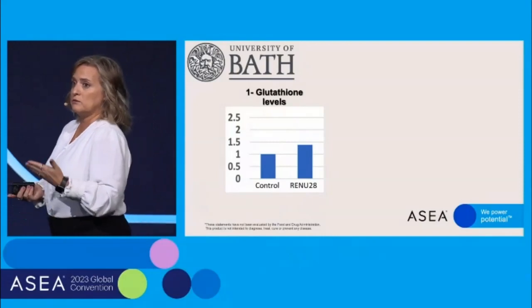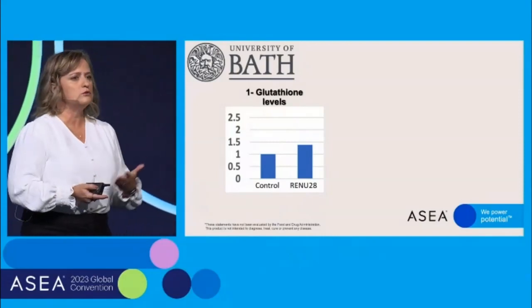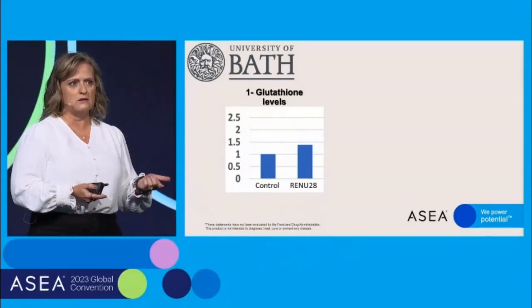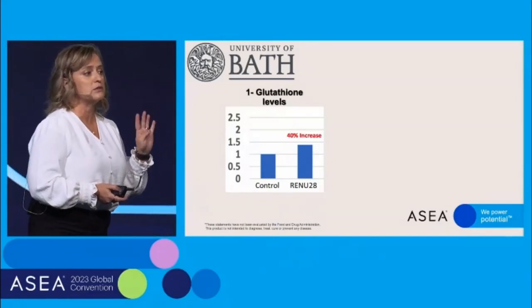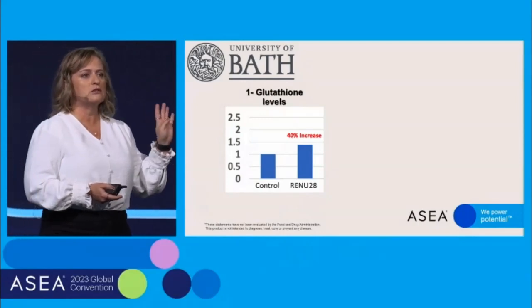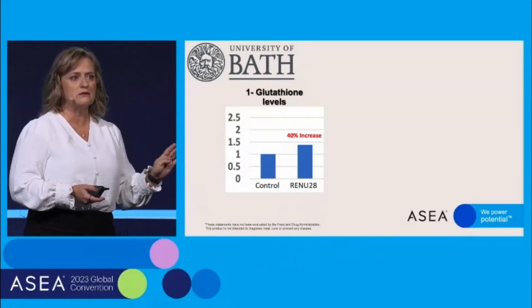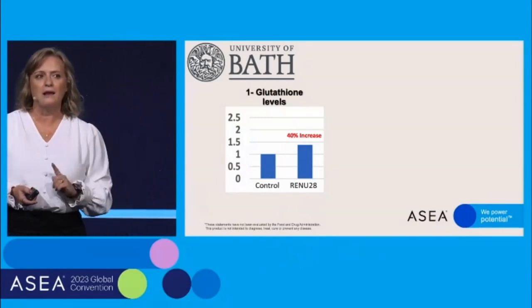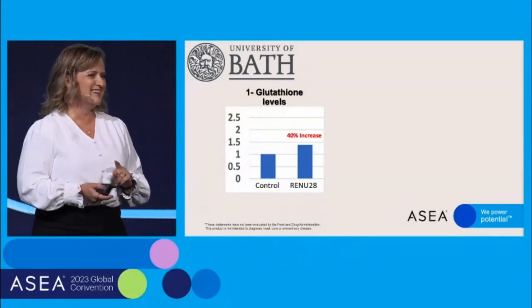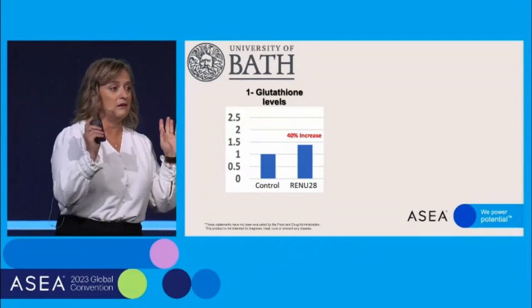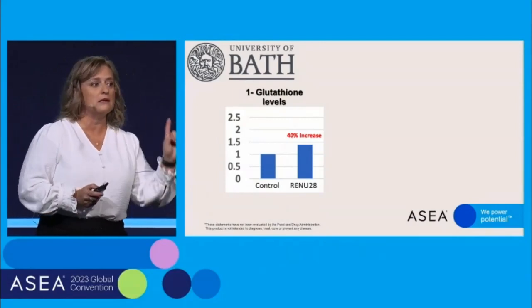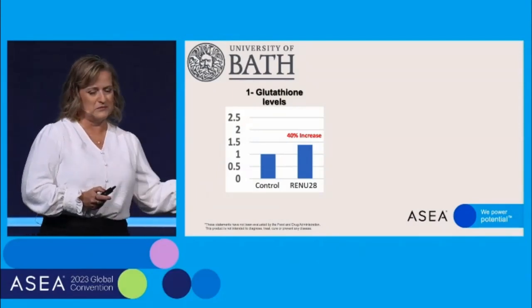We observed that when Renu28 was added to the skin cultures, glutathione production increased by 40% compared to the control that did not receive Renu28. I want to highlight and remind you that glutathione is a protective protein.